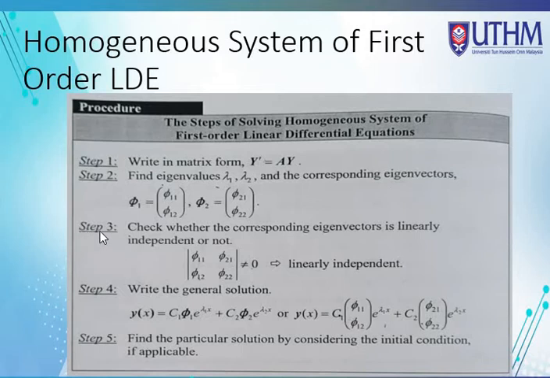Then step 3 is to check whether the corresponding eigenvectors are linearly independent or not. Then write the general solution. So this is the general solution that you need to follow. This is the format of the general solution. Then if the question gives the initial condition, you can find the particular solution for this.